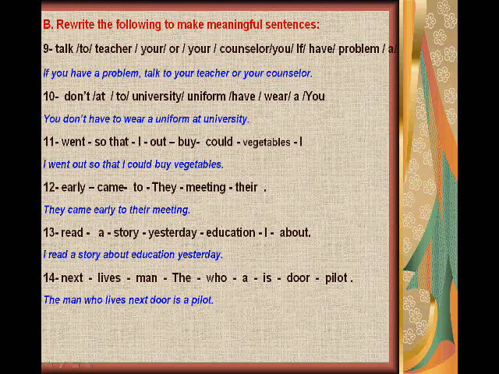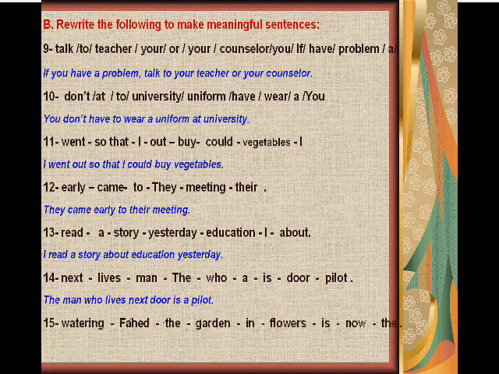Is it correct? Very good. The man who lives next door is a pilot. So I have here "who lives next door." This is a clause, okay, which starts with a relative pronoun "who", and this describes the man. That's why I put it near it, okay? So the man who lives next door is a pilot.